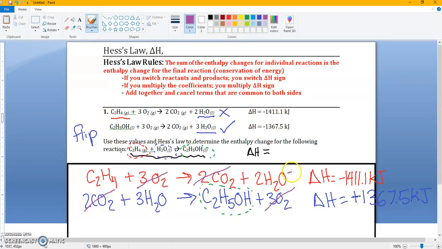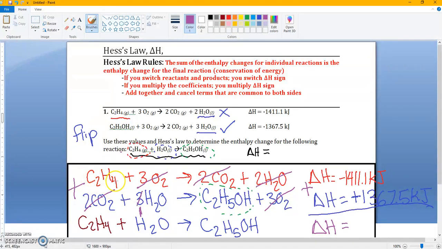And then I have 2 waters over here and 3 waters over here, so I am going to just cancel out 2 of them, and there's 1 water left over. Now that I have canceled out all of the stuff that is extra, I am going to add these terms together, like so.